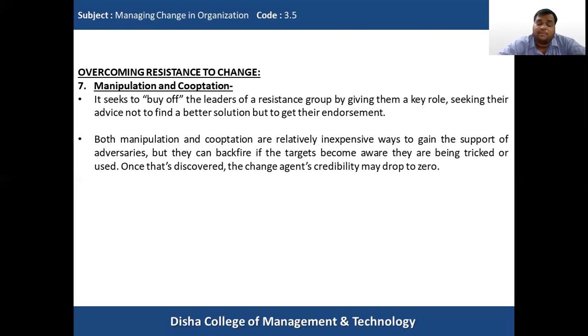So while implementing manipulation and cooptation as ways of overcoming resistance to change, the targets should not be aware that they are being manipulated or coopted, because once they know they are being tricked, the change agent's credibility will reduce and these people will not believe whatever the change agent says later. So it is very important that the people who are manipulated or coopted are not aware of it.